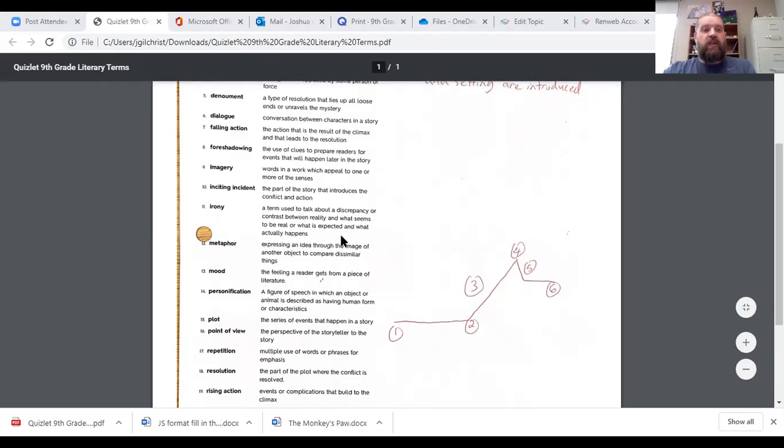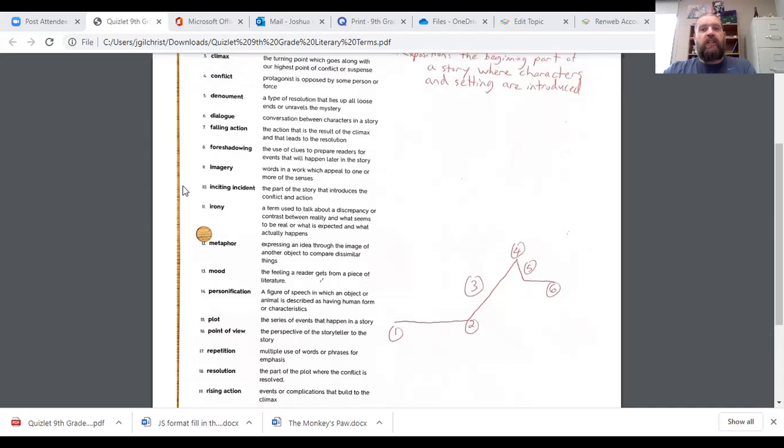5 is called the falling action, which is number 7 on your study guide there. It's the action that is the result of the climax and leads toward number 6, the resolution, the part of the plot where the conflict is resolved. And all stories have a resolution, and not all of them are satisfying to readers or movie watchers.